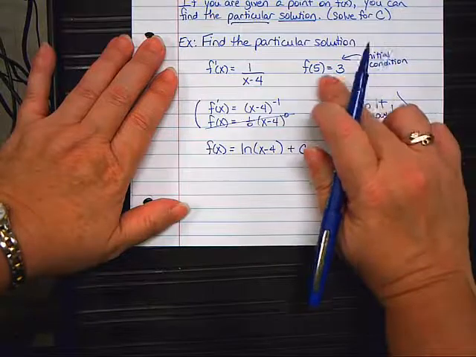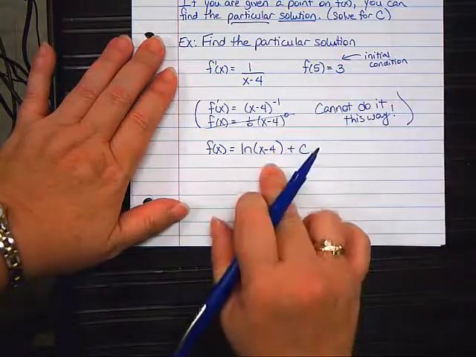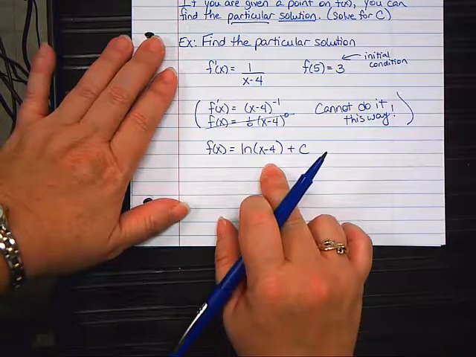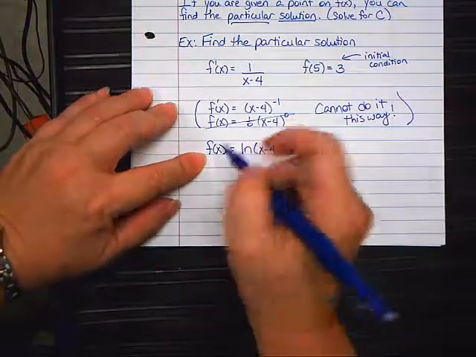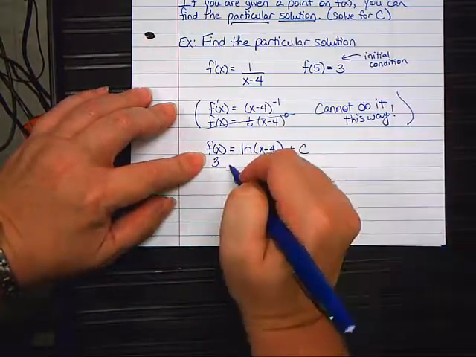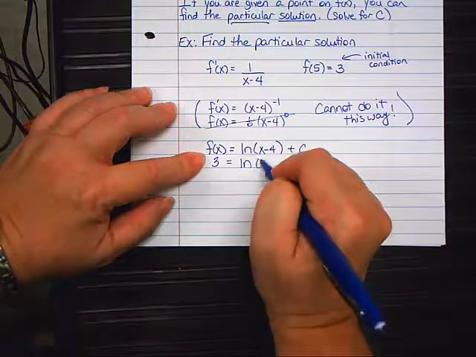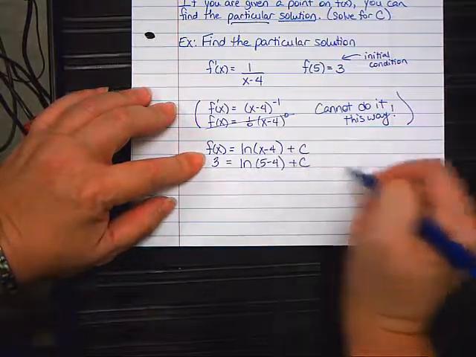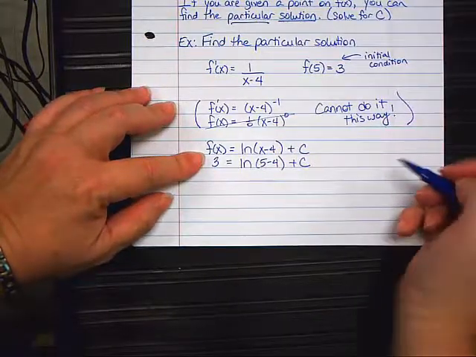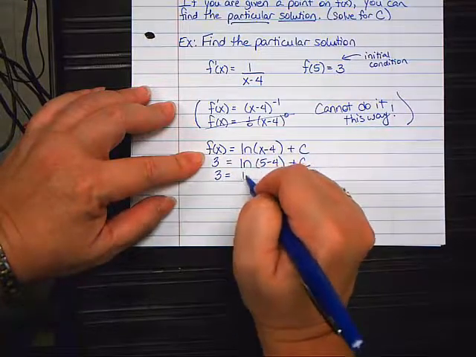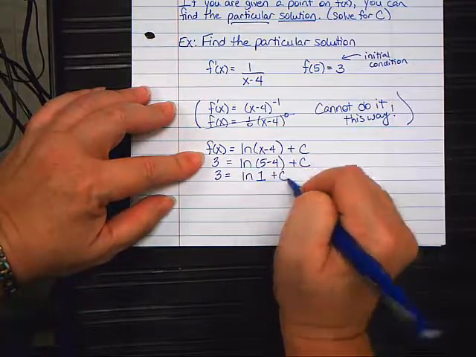Now what you do is you take the 5 and the 3, you substitute them in to solve for c. So the 3 equals the natural log of 5 minus 4 plus c. 3 equals the natural log of 1 plus c.